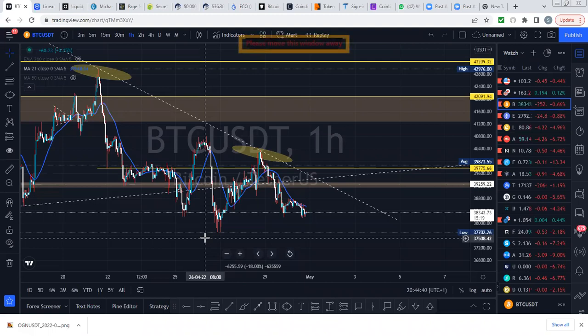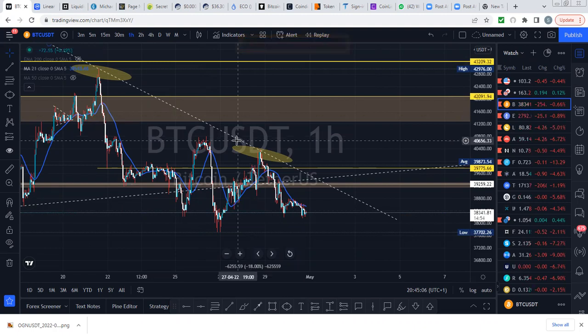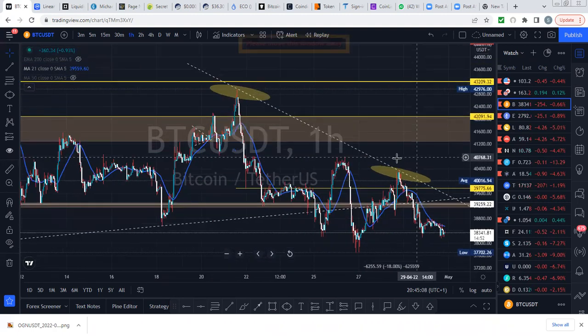When price is moving above the moving average, the trend is considered up. You can note that.